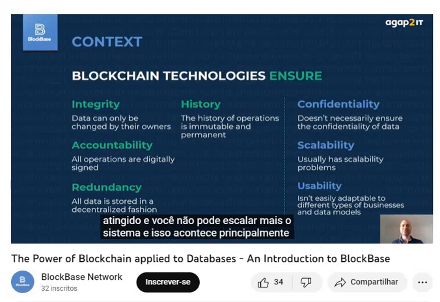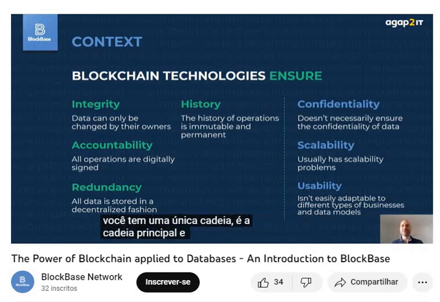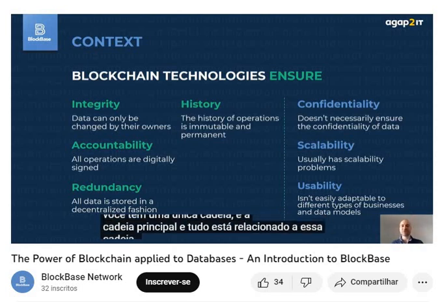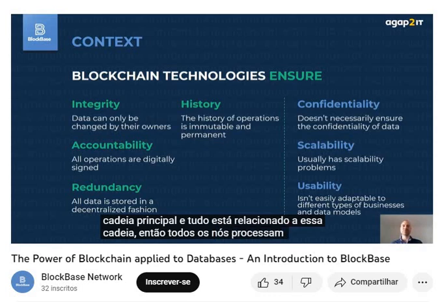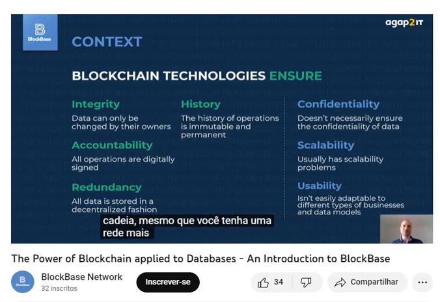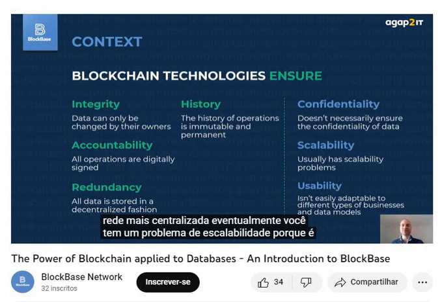This happens mostly because you have one single chain. It's the main chain, and everything is related to that chain. So all the nodes process that chain. So even if you've got a more distributed network or a more centralized network, eventually you've got a scalability problem because it's just one chain there, right?